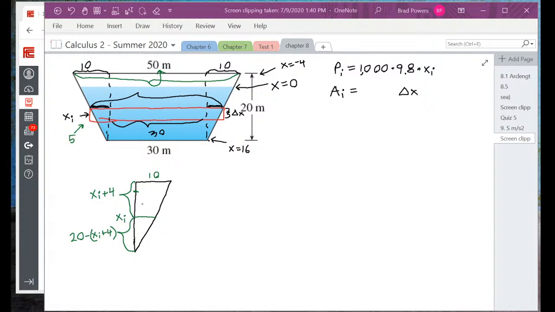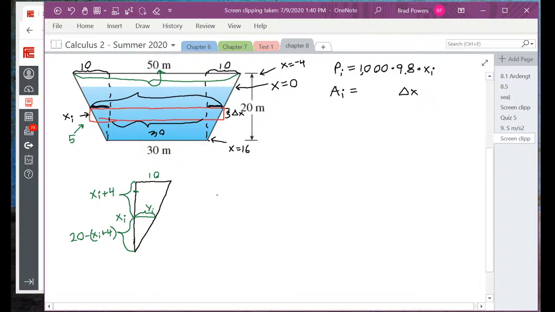And then we got our little unknown length here. Let's call this y sub I. Why not? I don't care. Let's call it y. So we're trying to figure that out. So we have similar triangles here. I can easily find what y sub I is in relation to x, which is what I want. We're doing all this stuff in x.